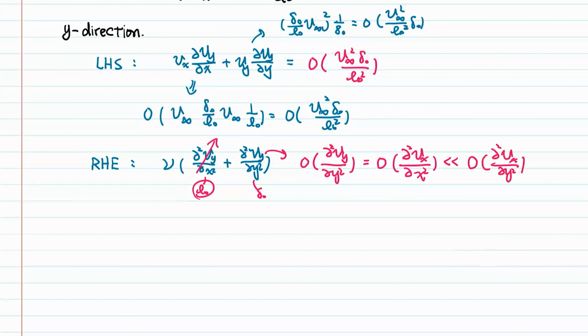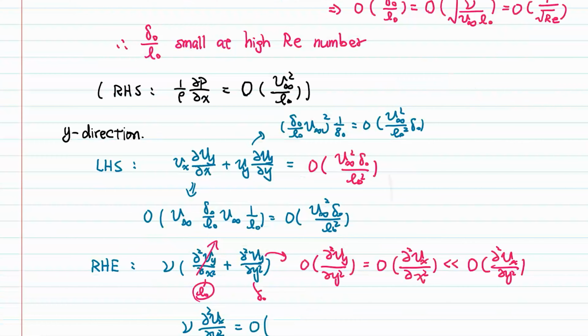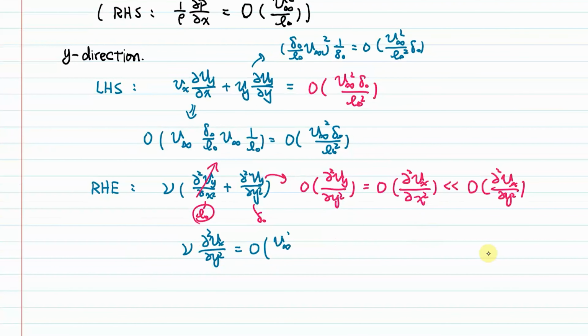So from our previous analysis, we know that the order of the kinematic viscosity times partial square Vx partial y squared would equal the order of v infinite square over L naught.